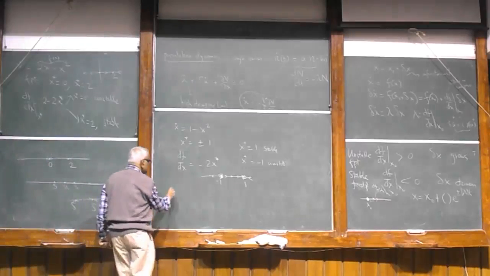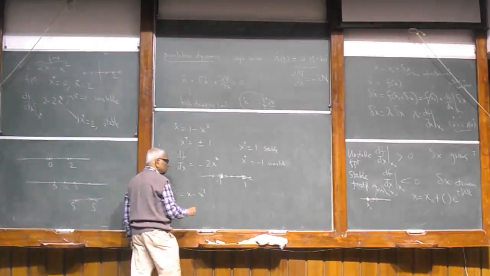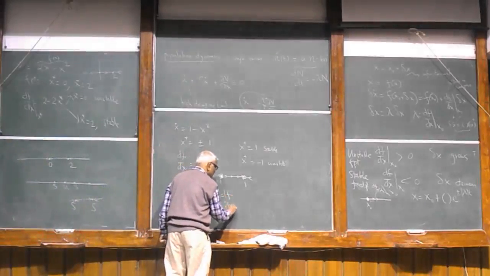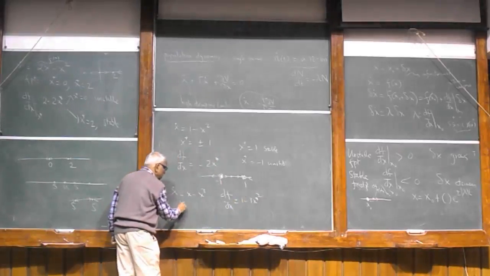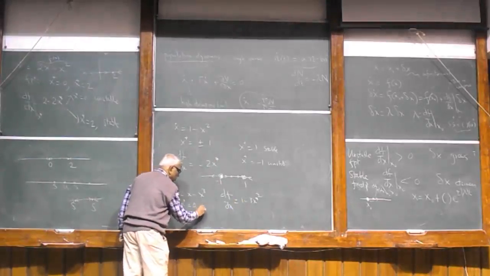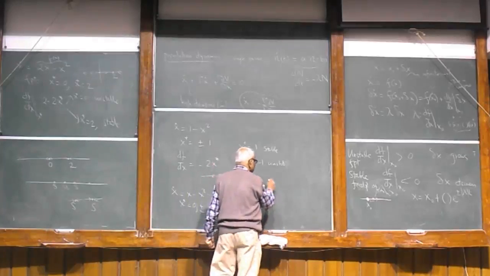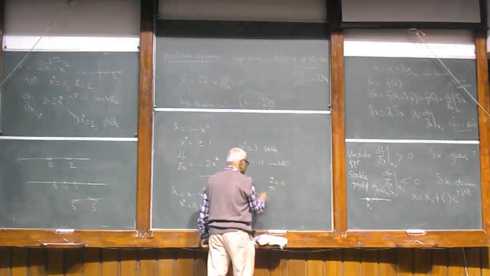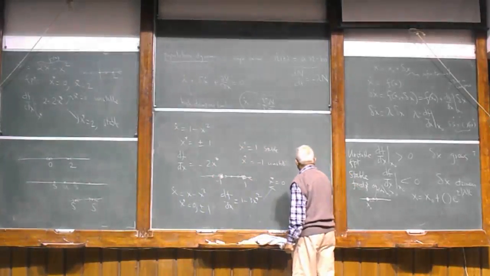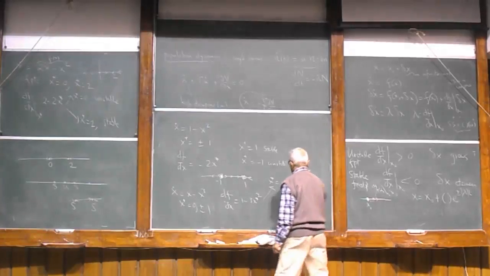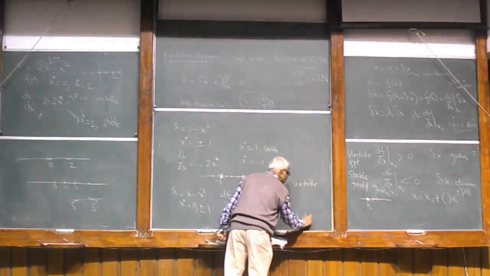The other thing we did was x dot equal to x minus x cubed. So df dx is 1 minus 3 x star squared, and x star was 0 and plus minus 1. So x star equal to 0 is going to be unstable, and x star plus minus 1 stable.